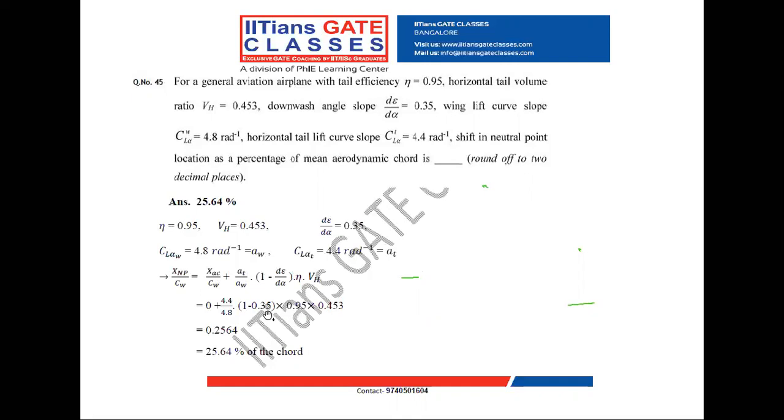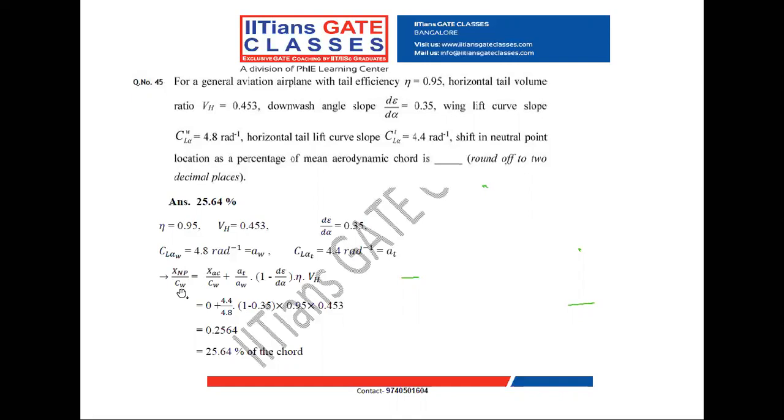Neutral point location with respect to chord is given by this equation, x NP by C, where NP is the neutral point and C is the chord of the wing, everything with respect to the chord of the wing.